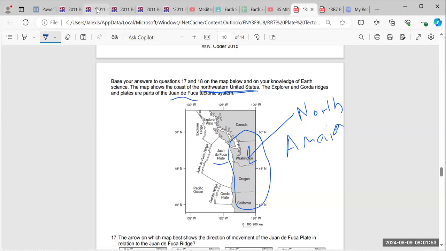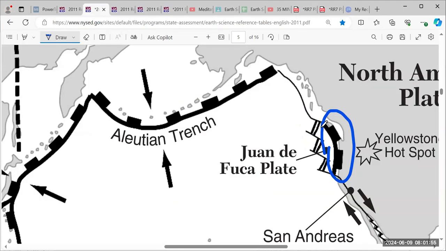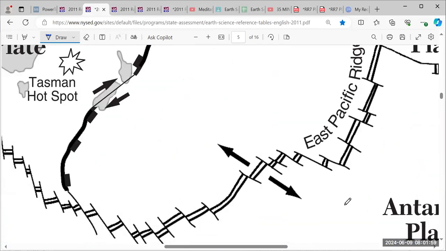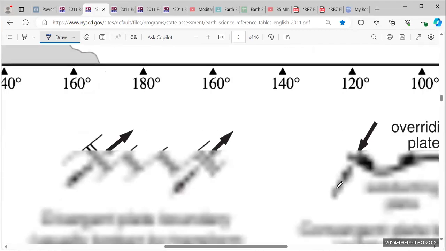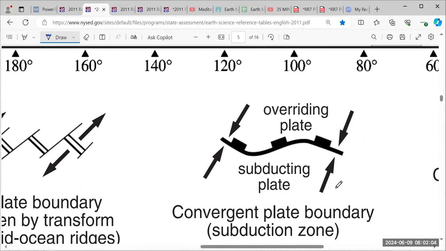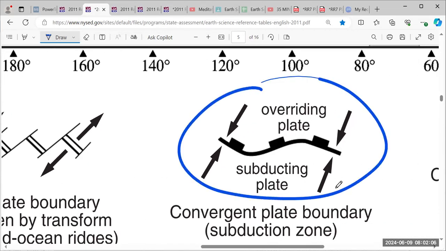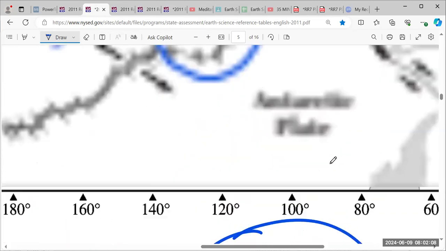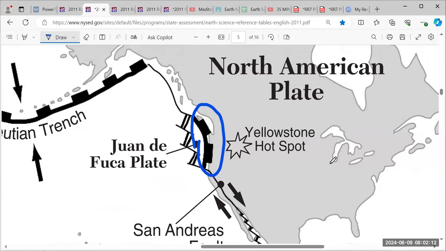So when I look on page 5, I see a convergent plate boundary. What does a convergent plate boundary mean? It means that the plates are coming together. For that to be true, the North American plate is moving towards the Juan de Fuca plate, and the Juan de Fuca plate is moving to the right because this is a convergent plate boundary.